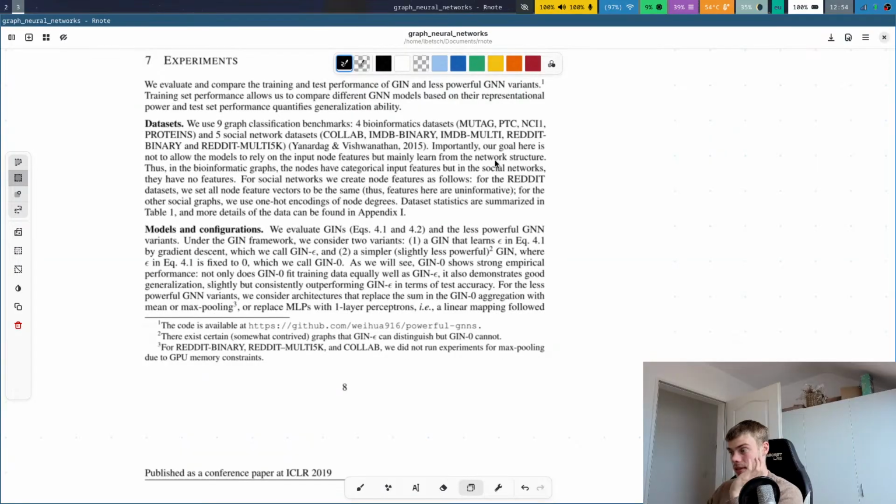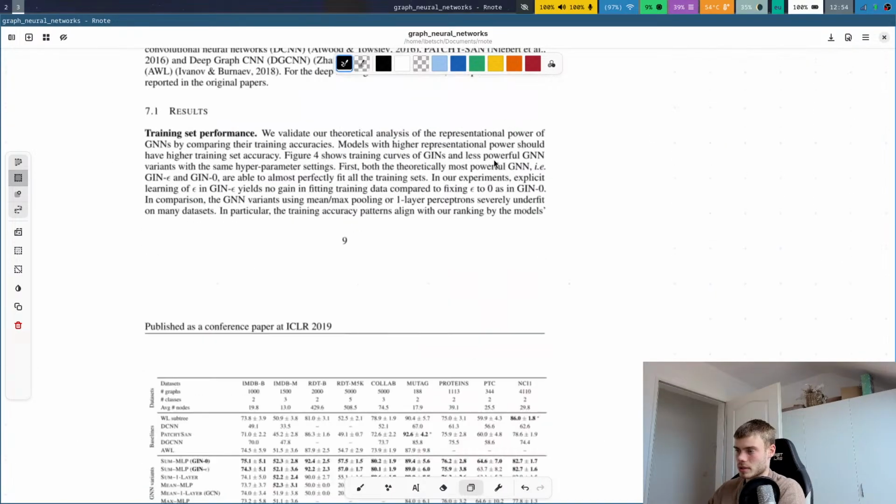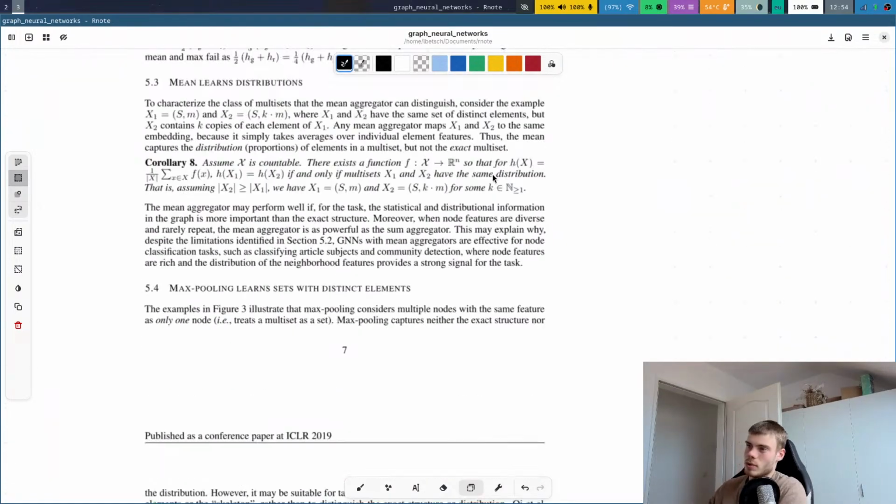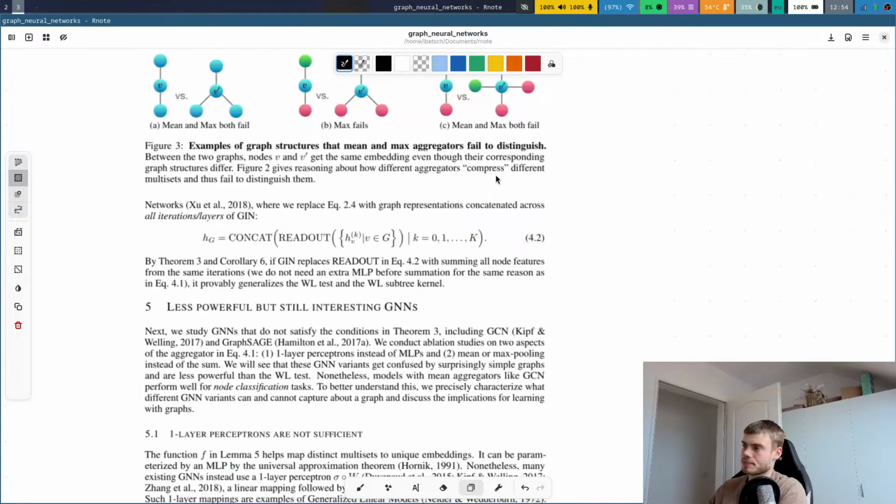Subsequently, one of the more important works on graph neural networks that is subsequent to the one that we were reading yesterday.